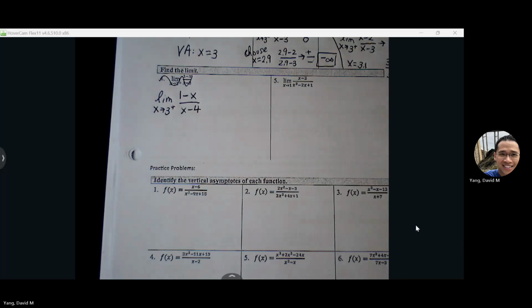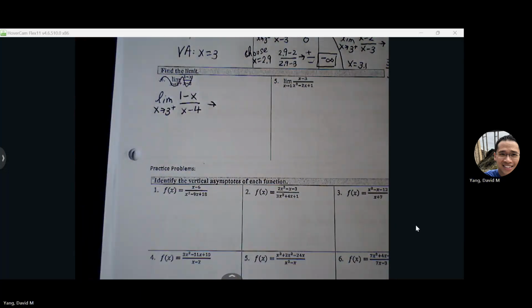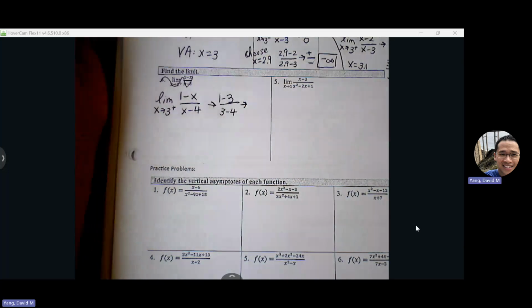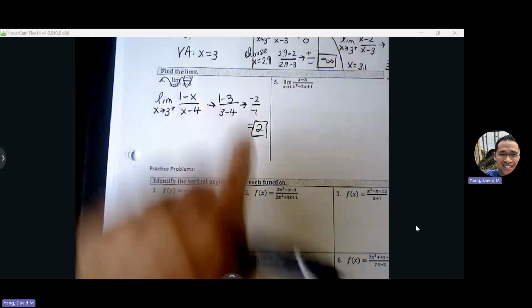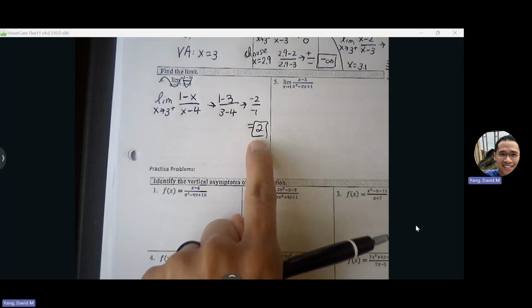First things first, what do we do? Plug in what? Just 3, right? So 1 minus 3 over 3 minus 4. And what do we get? -2 over -1, which is 2. And that is our limit. That's a real number, so we stop.